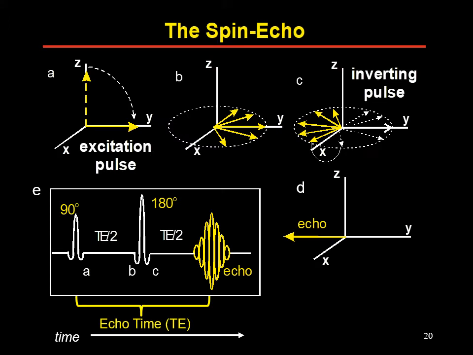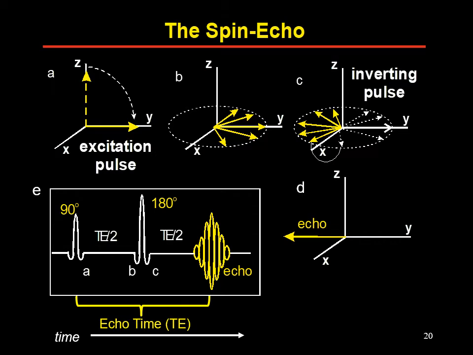This slide illustrates the basic steps in the spin echo pulse sequence. There are 5 component pictures on this slide, A, B, C, D, and E. We start with A, with the bulk magnetization vector aligned along the Z-axis, apply an excitation pulse that changes the orientation of the bulk magnetization perpendicular to the z-axis.